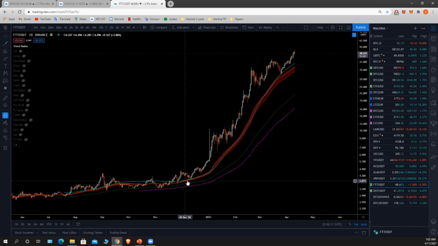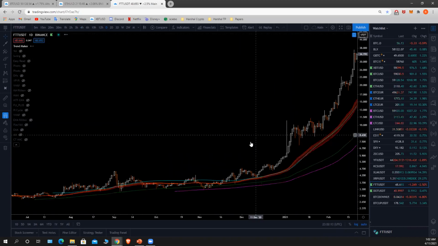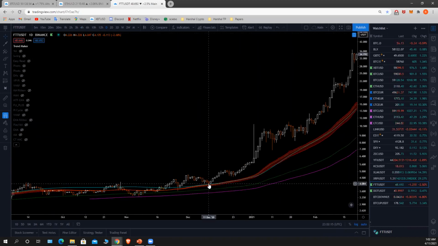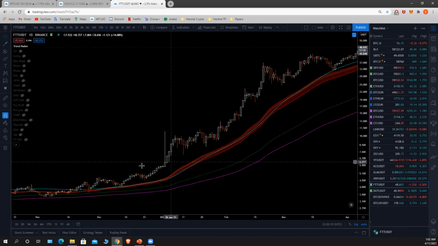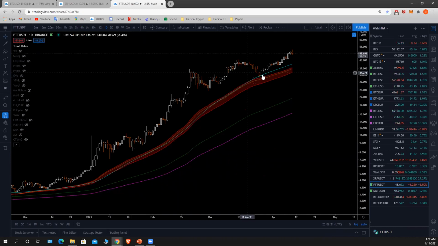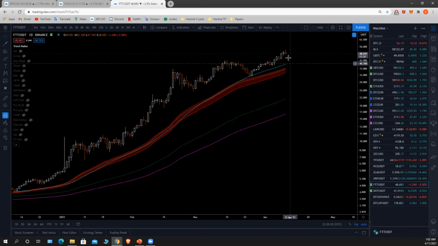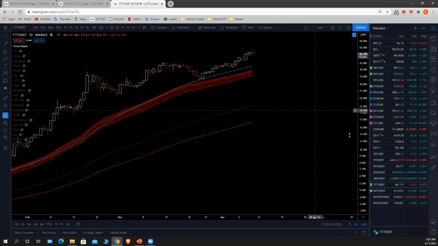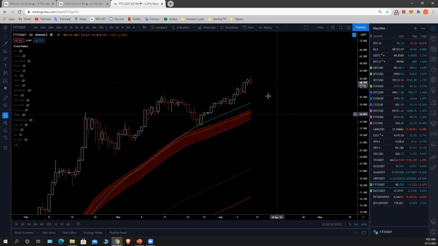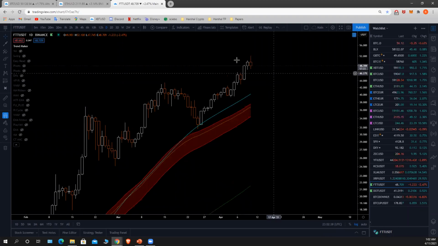So FTT has been running since it tapped this daily trend maker ribbon here when it was $4. And since then it just kept on running, and then we got a final test here. Then it still pushed up. So right now we are printing, what do you call those, scissor candles, right?